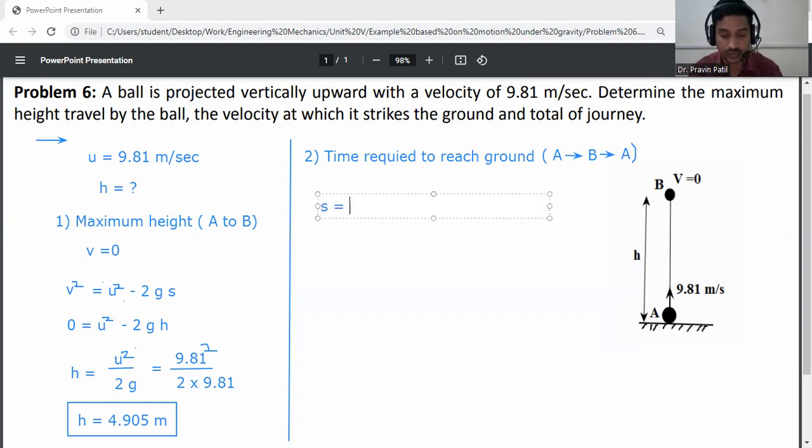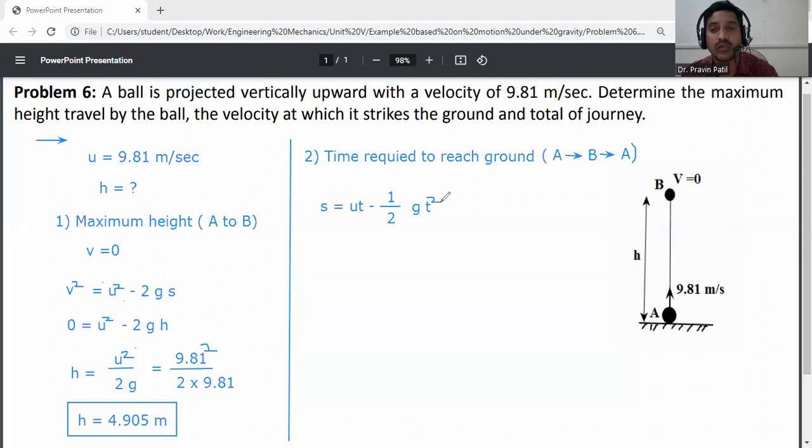S is equal to ut minus one half gt square. We use this formula for the time required to reach the ground.